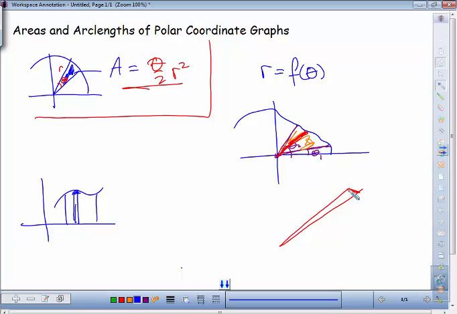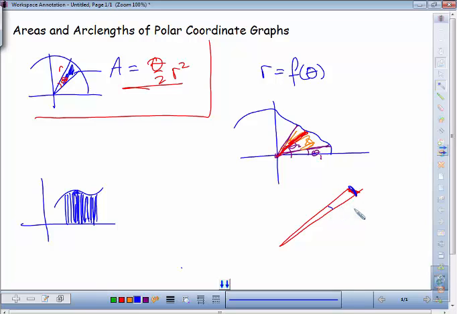So we can do the same thing: call this a little approximation, pretend that this is actually a piece of a circle, and just approximate it. Then you break up your pieces into smaller and smaller pieces, and your approximation gets finer and finer. So between theta 1 and theta 2, you break this up into smaller pieces.